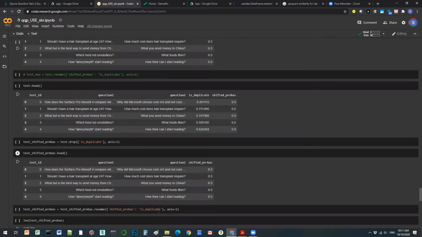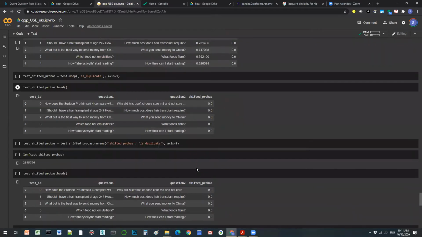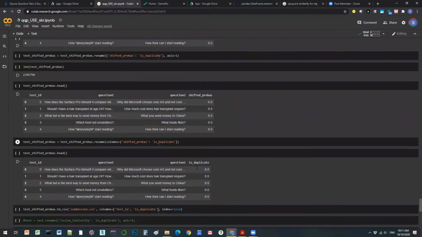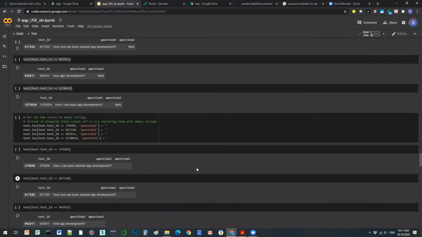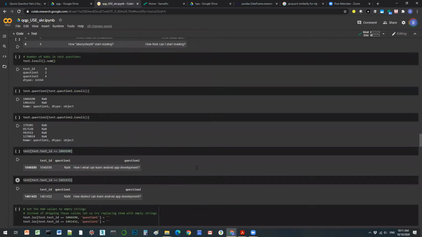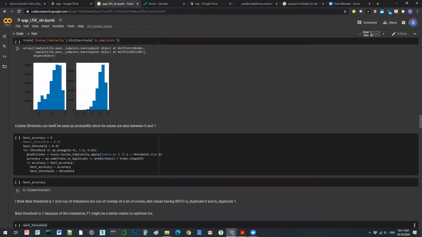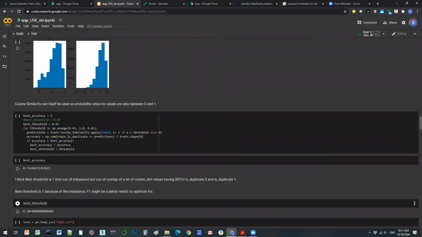So for the probability I shifted by saying if my original cosine distance was 0.78 or lower, give me 0, and if it's greater than that, give me 1. And I submitted that to see what the results would be, because the best threshold for the accuracy based on this code that Gautam had gave me 0.78. So I wanted to try that.